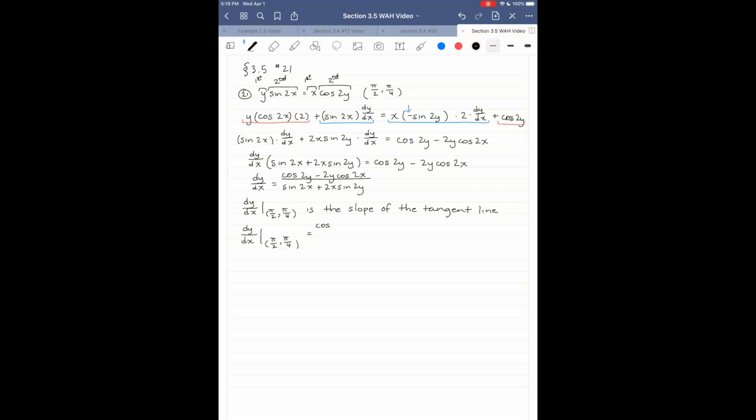So basically, in that dy/dx expression that I found, every x is going to be replaced by pi over 2, and every y is going to be replaced by pi over 4.